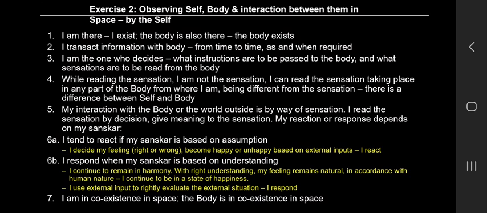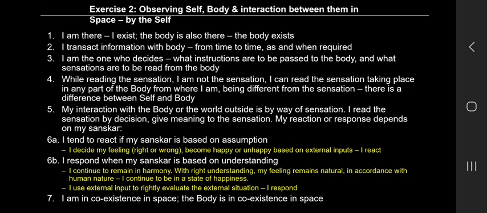So we need to make effort in ourselves. Rest of the things will happen naturally. So we need to be aware where I need to make effort and what will happen naturally.